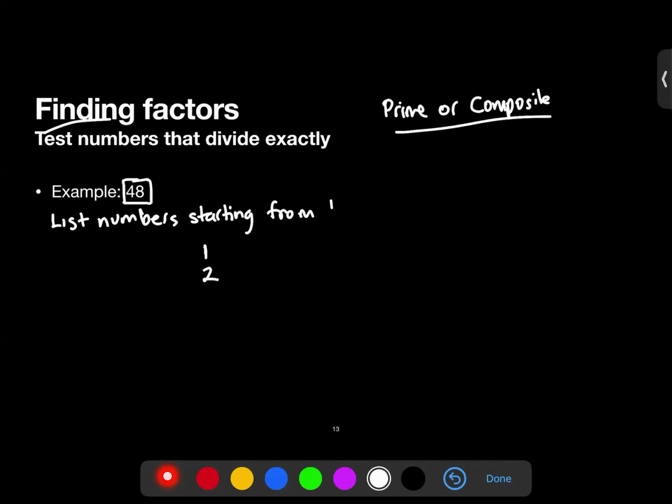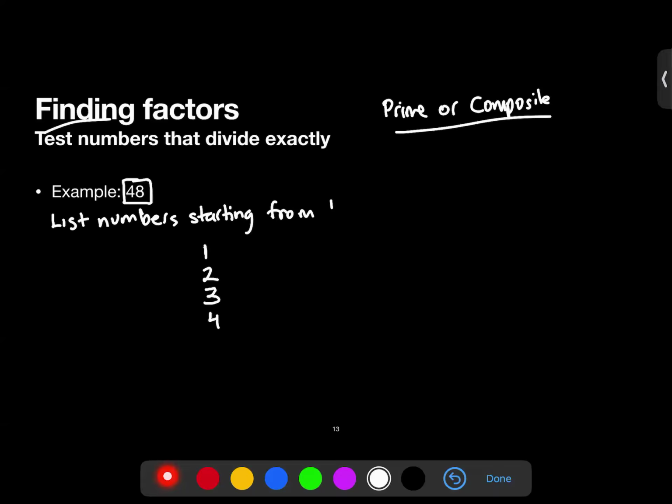Yes, it is. 48 is divisible by 2. So we will keep it as a factor. Next, we'll try 3. So is 48 divisible by 3? Correct, it is. So we will keep it as a factor.